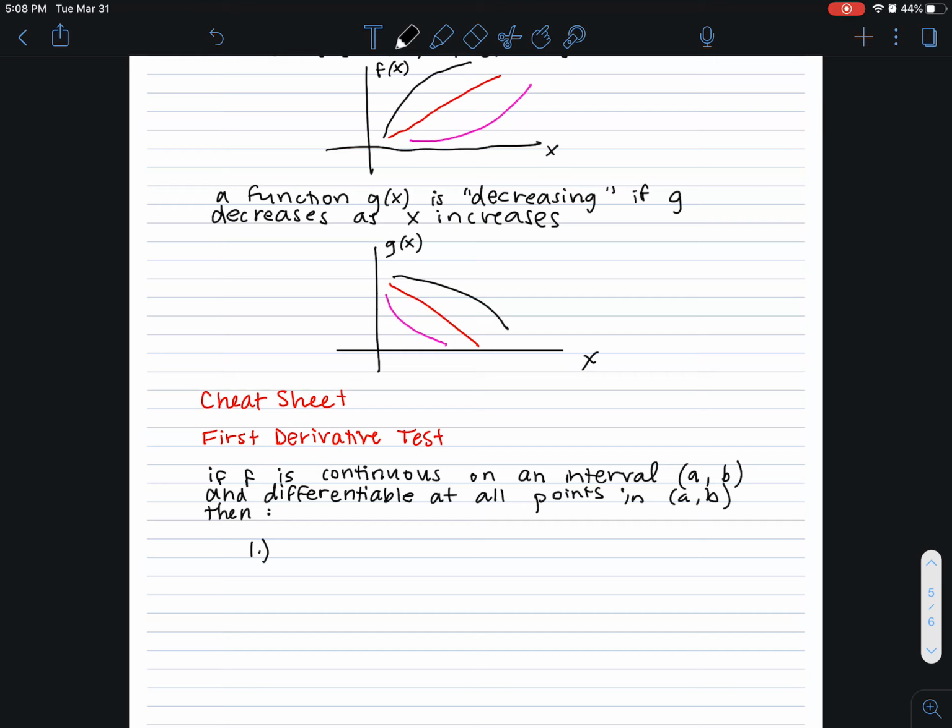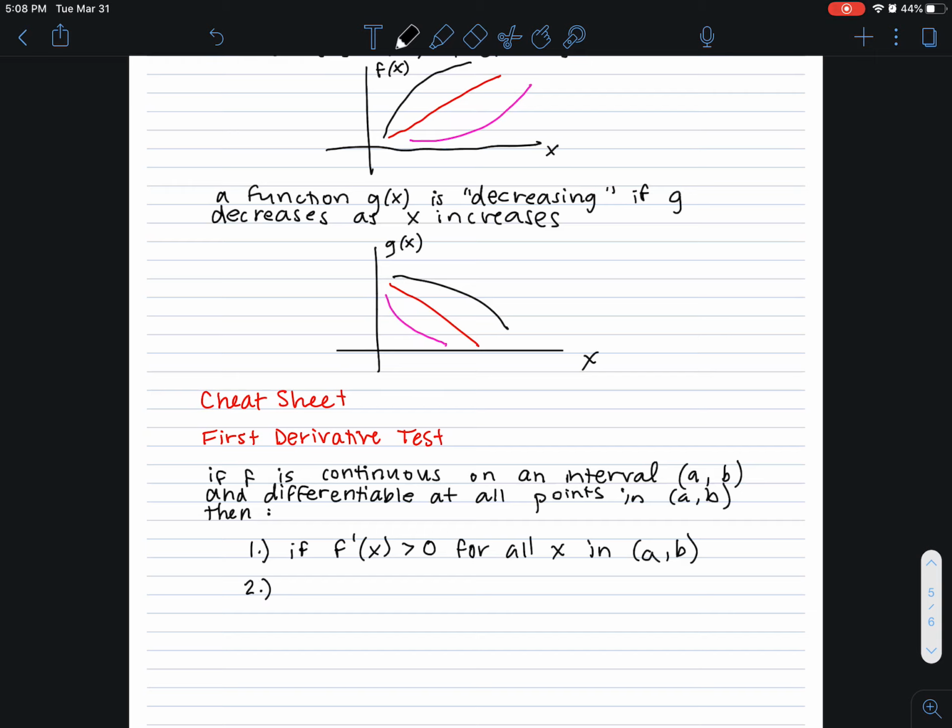First one is if the first derivative of x is positive, greater than 0, for all x in a b. So for all of the x values in our interval, if our derivative is positive, we know that it's increasing. If you have a positive slope, you're increasing, is what that's saying.